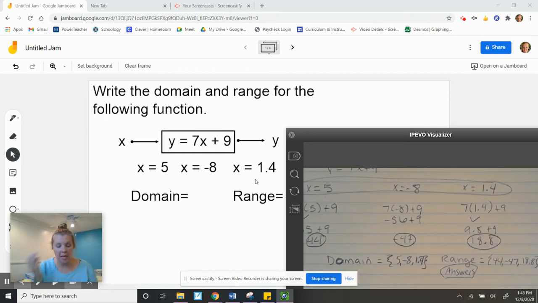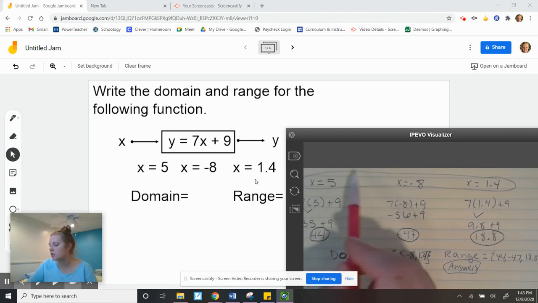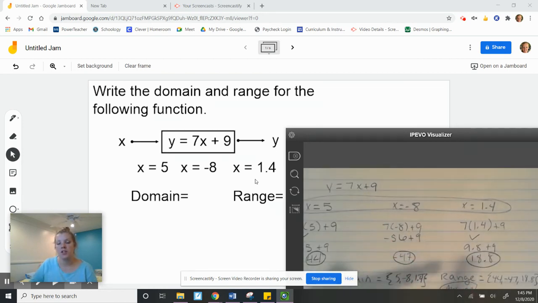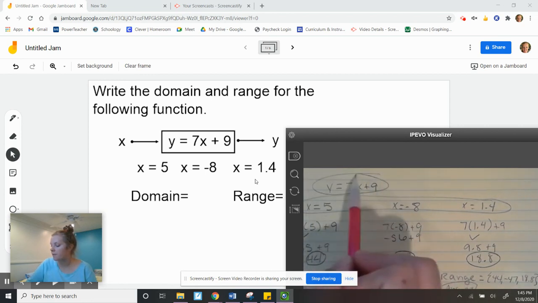So again, my domain was given to me. It has to tell us what numbers to input. And then the range is the answer after I do that. So this is another way of representing functions. Again, we have functions in mappings, tables, a list of ordered pairs, a graph, and functions can also be just equations that we work with.